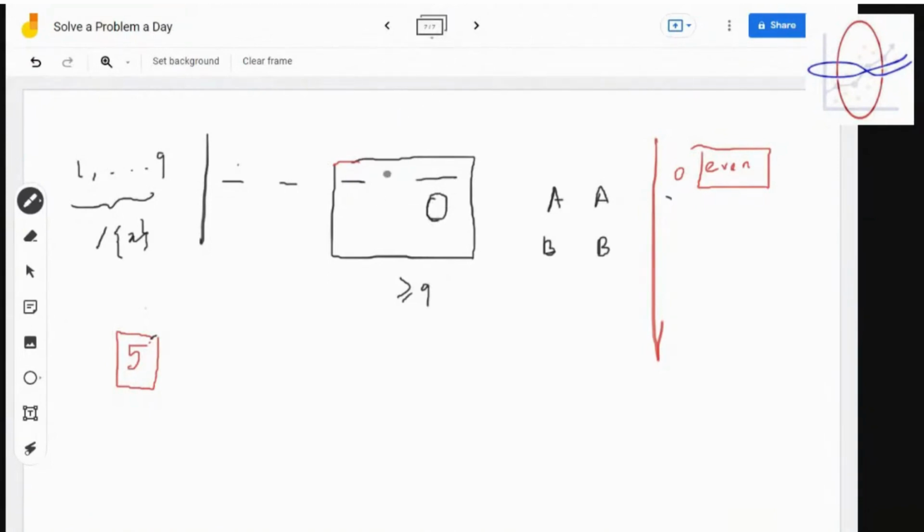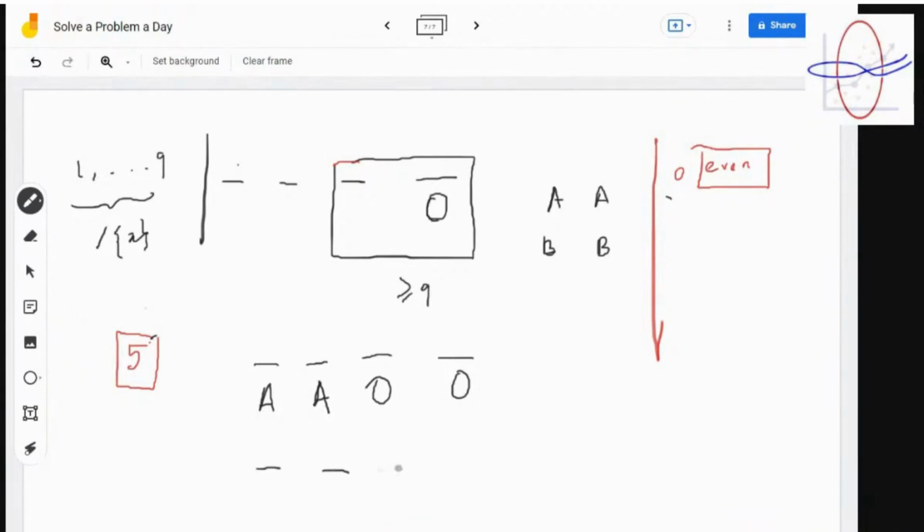If the last digit is 0, there is another 0 possible, because there are two of them. Let's say B is equal to 0. There are two possibilities: it can be A 0 A 0, or it can be 0 here and A here.